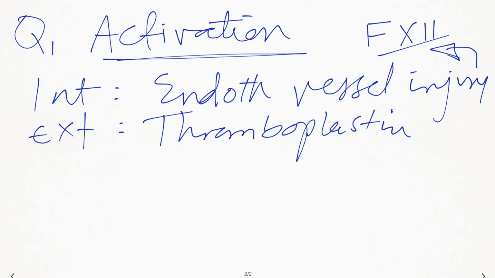Okay, and from here it will run. Nobody will ask you to tell us about the cascade, how many factors are there. Nobody will ask you that. It is just a general question, just to test your knowledge. This is the first question in this part of the station.